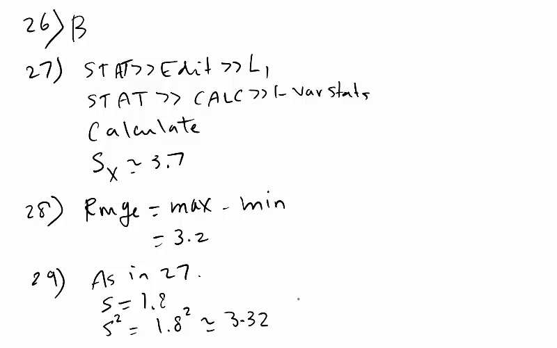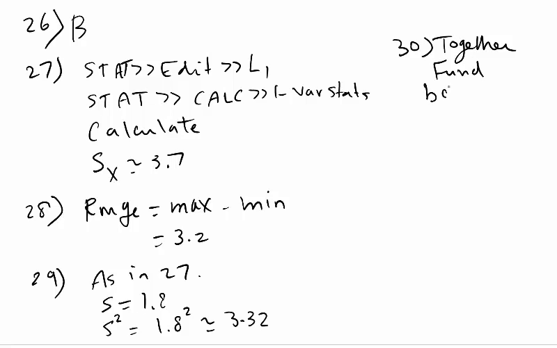Remember, guys, consistent means a smaller standard deviation. So the one that has the smaller standard deviation is the Together Fund. So number 30, the answer is Together Fund, because it has the smallest standard deviation.